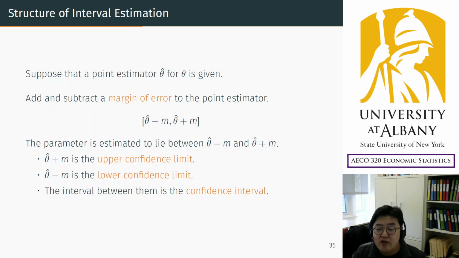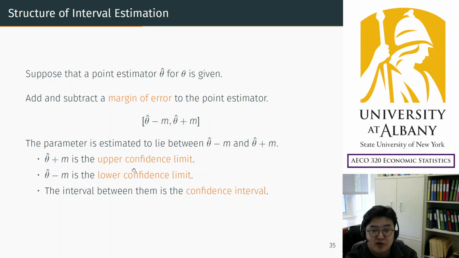From there, what we are going to do is allow some margin for errors around the point estimator and make it an interval like this. M is the margin for errors, and you subtract and add the margin around the point estimator. That is an interval, right?